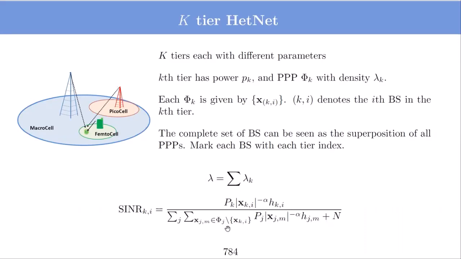And if the user is free to choose the closest base station or the best base station from any tier, then suppose it chooses the ith base station of the kth tier. Then the SINR is given by the transmit power of the kth tier, which is the serving base station, multiplied by the path loss and fading, divided by the interference over all tiers and all base stations of these tiers except the serving base station, and then there is a noise also.